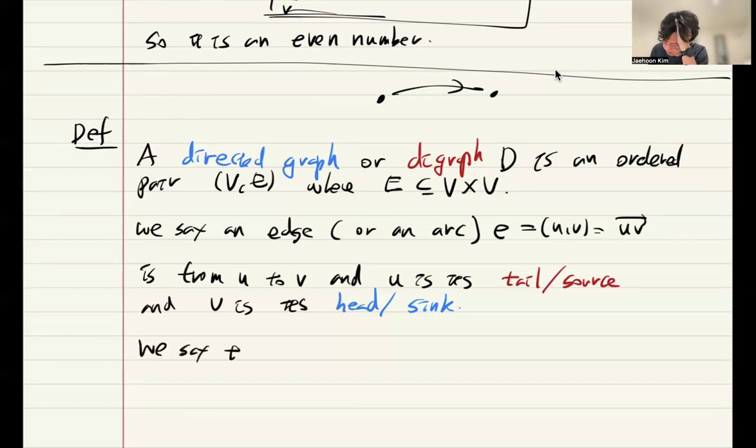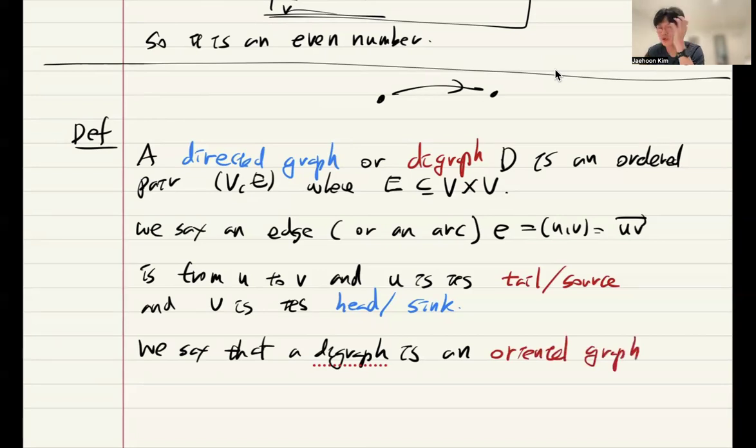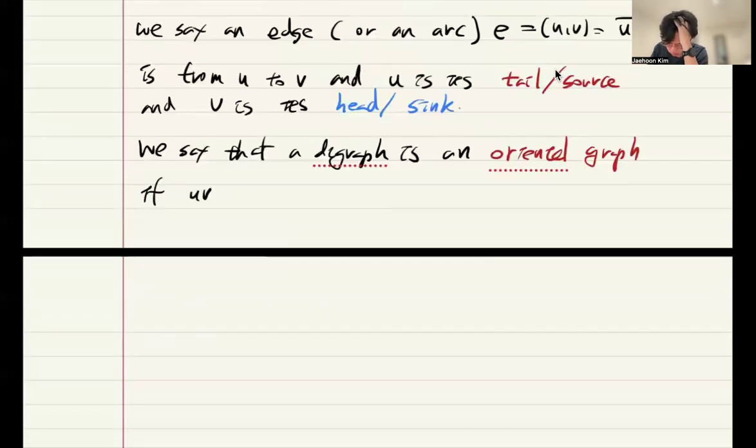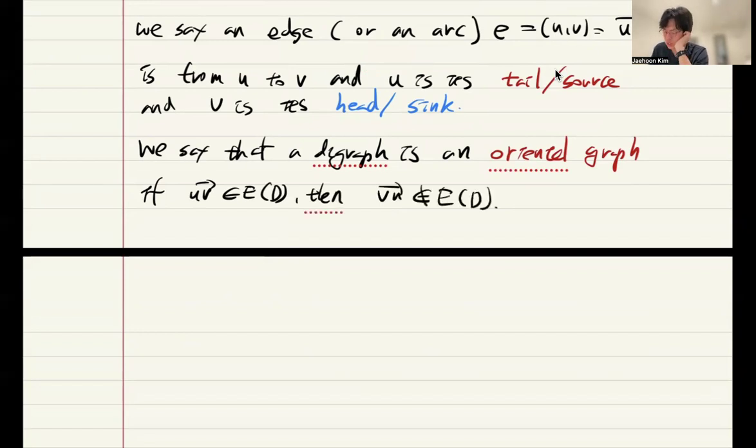And we say that a digraph is an oriented graph if it can be obtained from a simple graph by giving orientation to its edges. Meaning that if (u, v) is in E, then (v, u) is not in E. What it means is, if you have a simple graph and you give an orientation, you have only one edge between them.